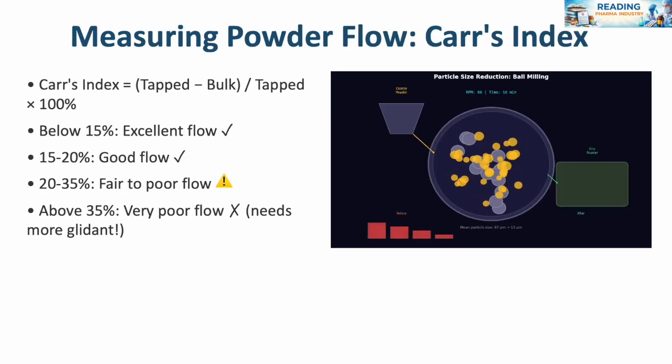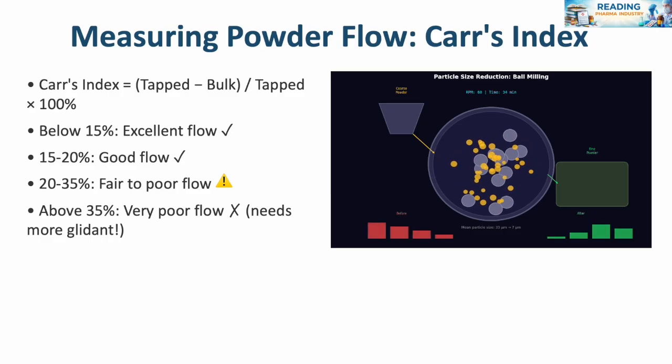One of the dependent variables we commonly use when making tablets is Carr's index. And the idea of this is to make sure the powder flows well. And as mentioned before, larger particles flow better.